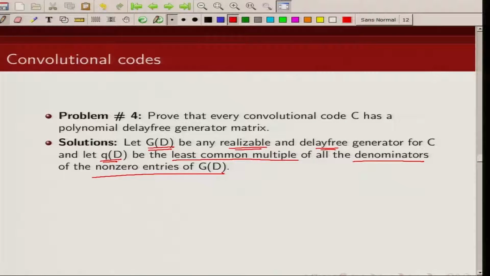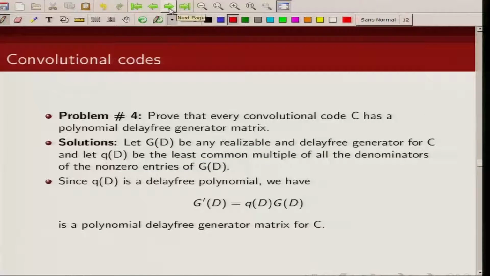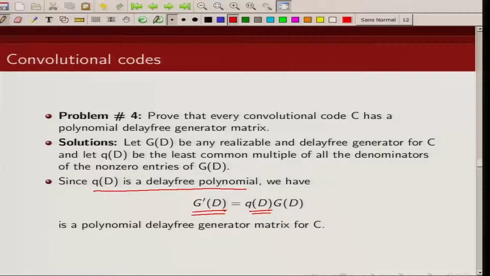So, G(D) basically has a rational form and q(D) is the LCM of the denominator terms of the non-zero entries of G(D). Now, q(D) will be delay free. So, if we multiply our original generator matrix by this q(D), we will end up with a new generator matrix G'(D), which will be polynomial and delay free.